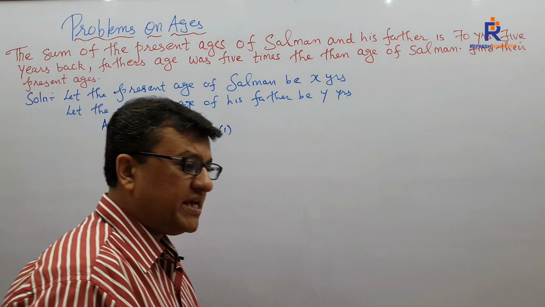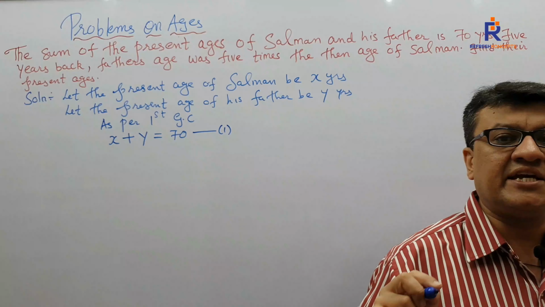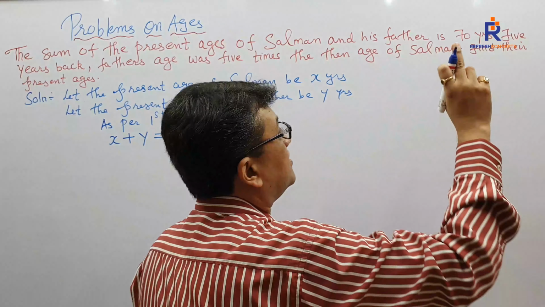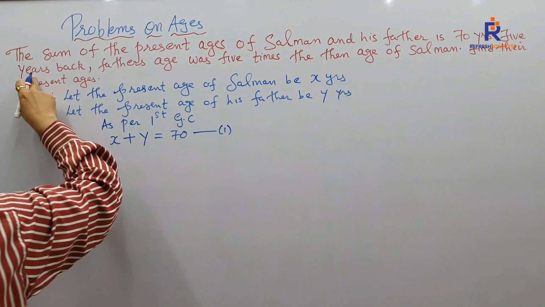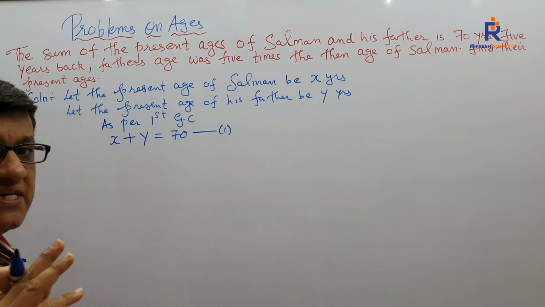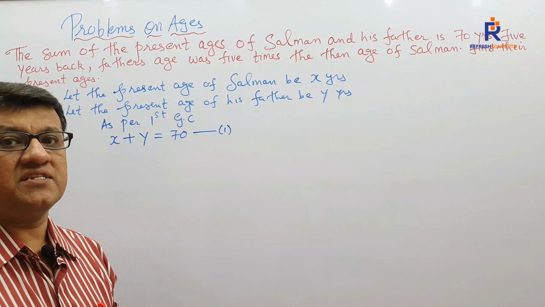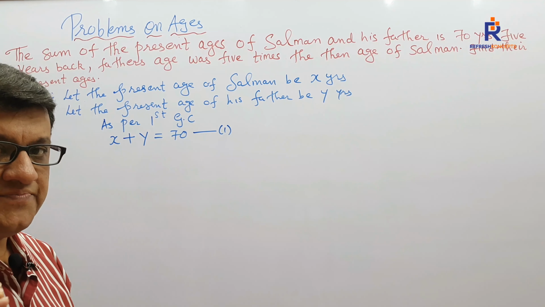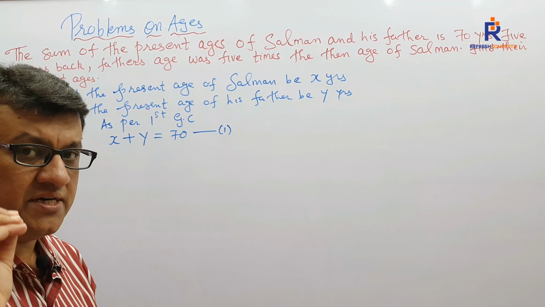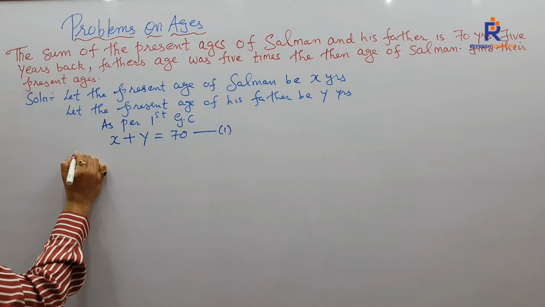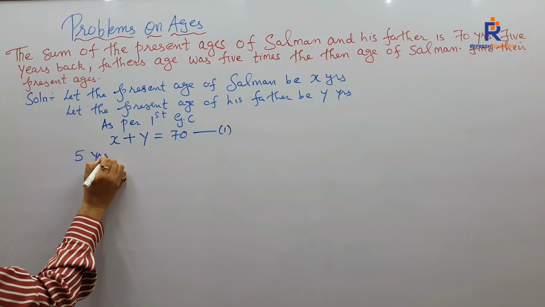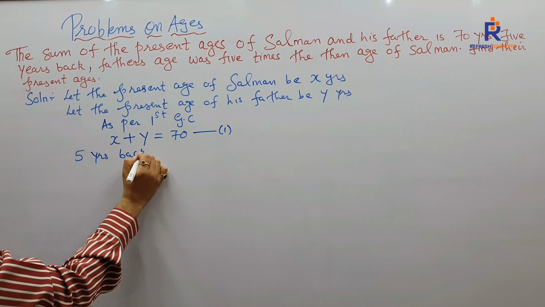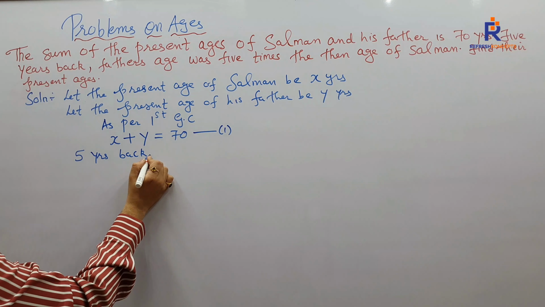Children, now what I'm going to say is what you are going to remember and drill inside your mind. The next three words are 5 years back. How many words did we read? We read 3 words. 5 years back. 3 words, 3 lines. Keep this in mind. First line.